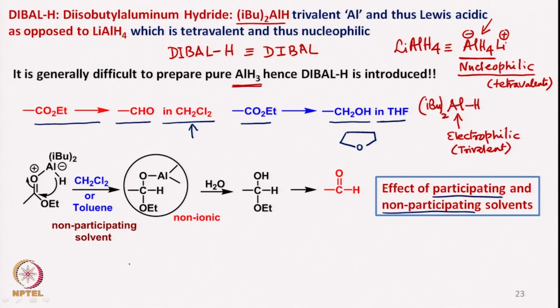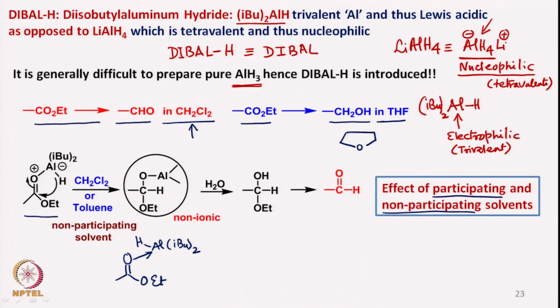So if you take an ester and react it with diisobutylaluminum hydride, you start with something like this, where you have the aluminum species here with the hydrogen and the isobutyl groups, and then there is an interaction between the lone pair of electrons on the ester oxygen and the aluminum of diisobutylaluminum hydride that leads to this ionic species.